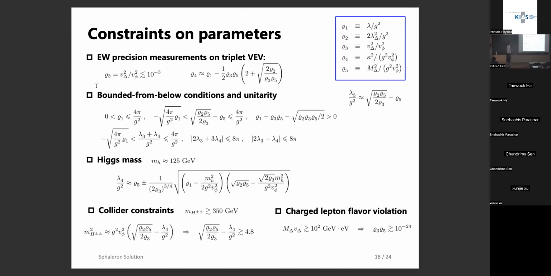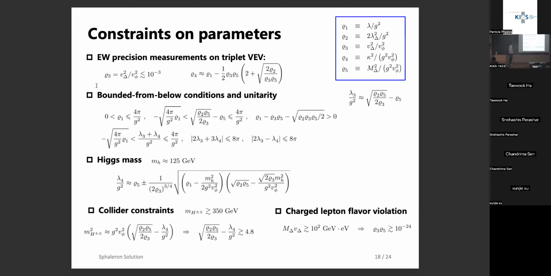The strictest constraint comes from the electroweak precision measurements on the triplet VEV. Because this triplet VEV violates the custodial symmetry of the electroweak theory, it cannot be too large, so the rho 3 parameter, which is defined as a VEV ratio, has an upper bound of about 10 to the minus 3.